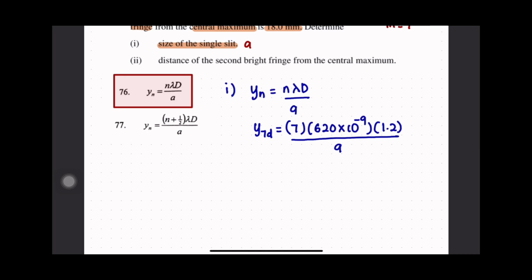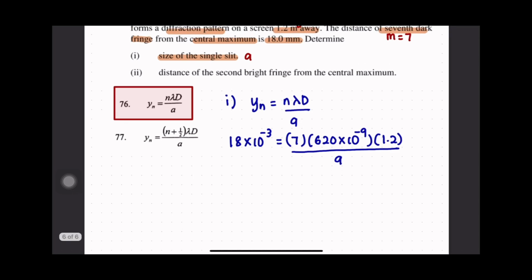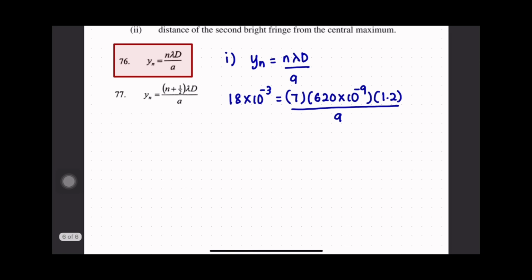Dan y7 dark tu adalah jarak daripada center bright kepada 7th dark fringe, jaraknya adalah 18 mm. So kita gantikan 18 times 10 to the power of negative 3. Okay, so kita akan dapat nilai a is equal to 2.89 times 10 to the power of negative 4 meter. Macam tu, senang je kan.